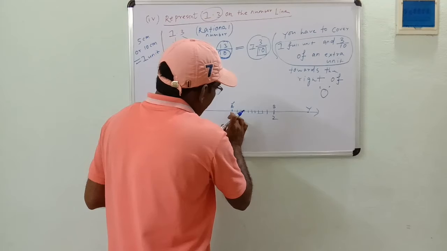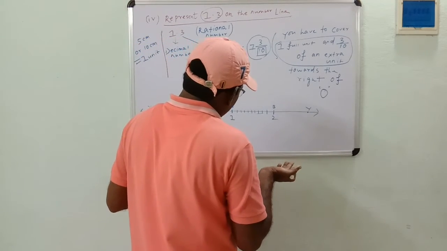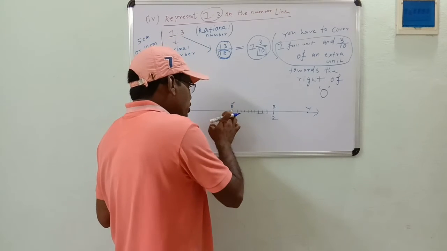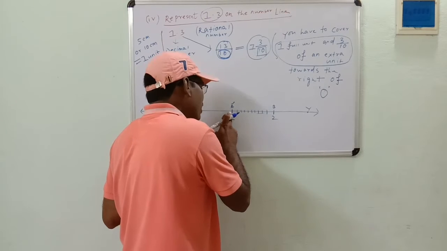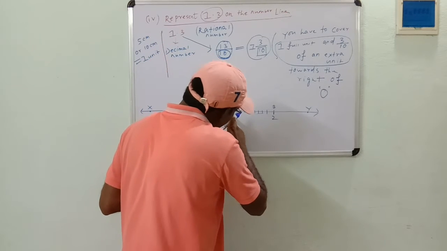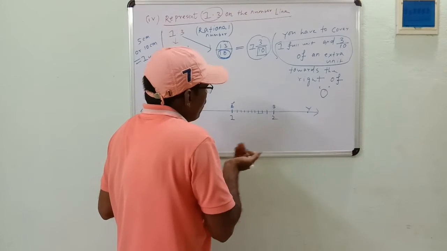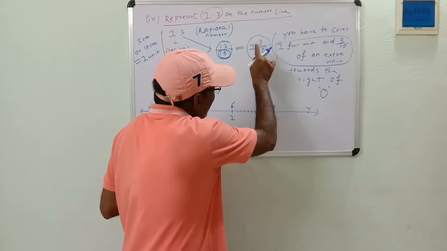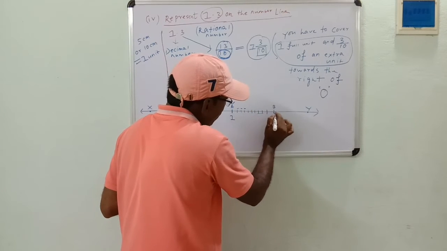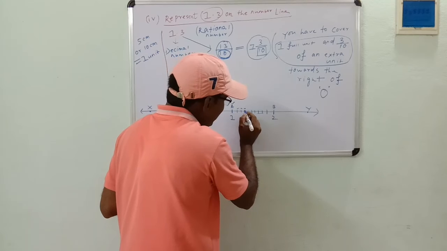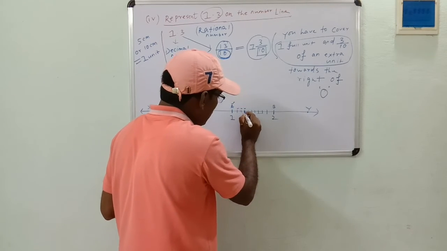Now you have already reached point A, so from point A you have to further cover 3/10. It means 3 parts, this part, this part, this part, out of these 10 equal parts, and you finally reach this point.